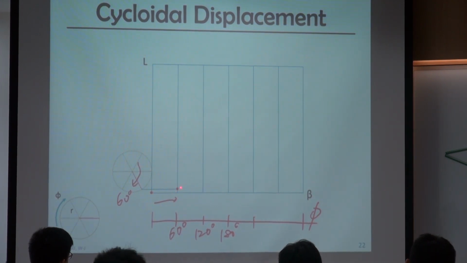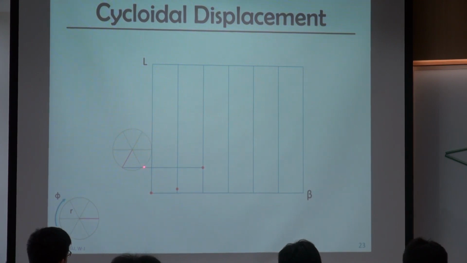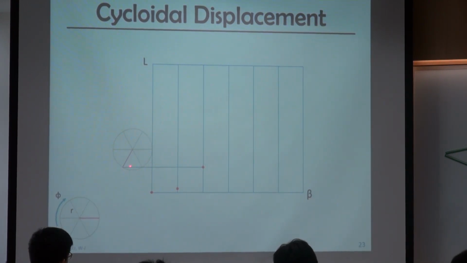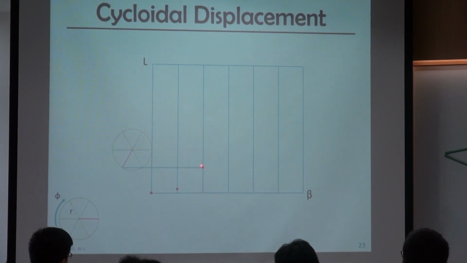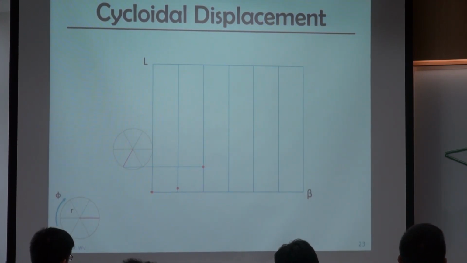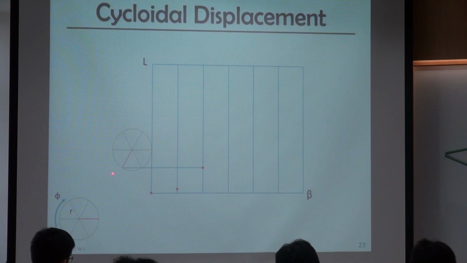So this point is going to represent the cycloidal curve. And then I keep rotating another 60 degrees. Right now it rotates by 120 degrees, so this coordinate here is 120. So I project this point to this vertical line.